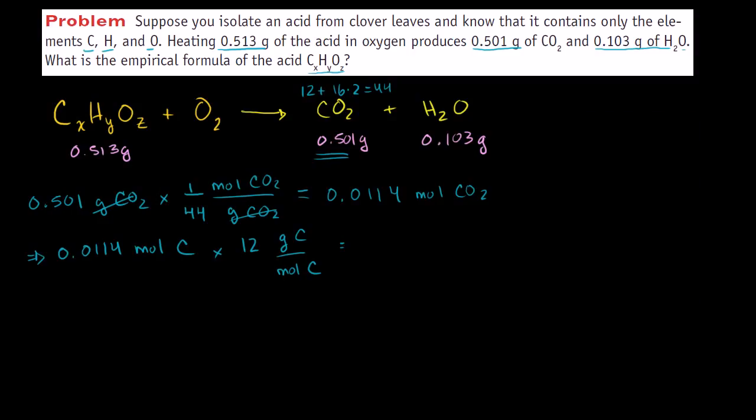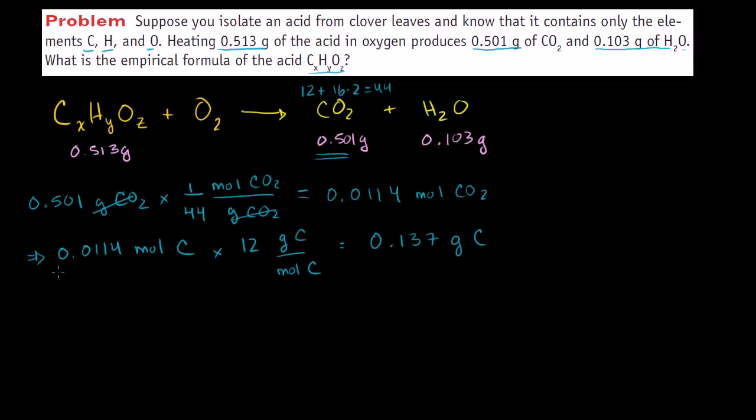So we have 0.137 grams of carbon in our original reactant. So of this 0.513 grams of this mystery acid, 0.137 grams are carbon. So that's what we got so far.